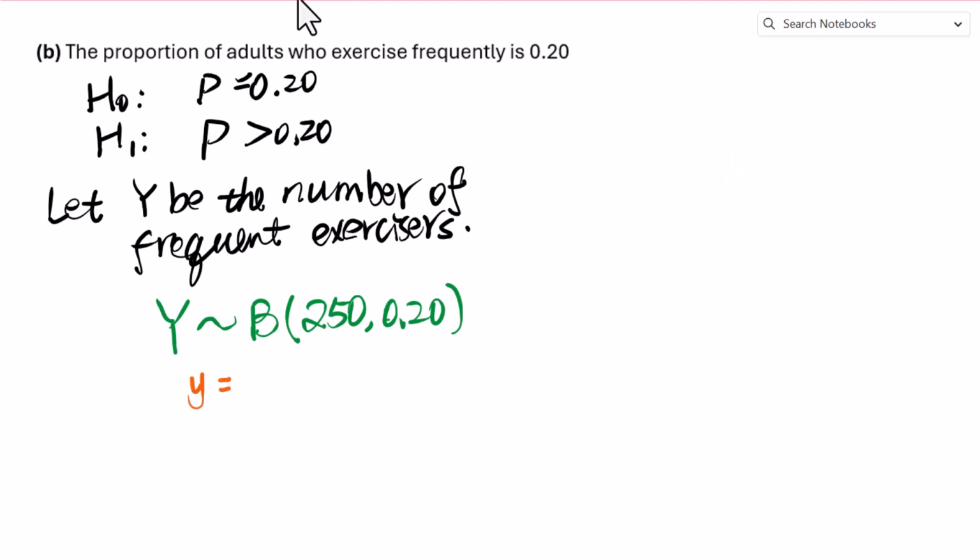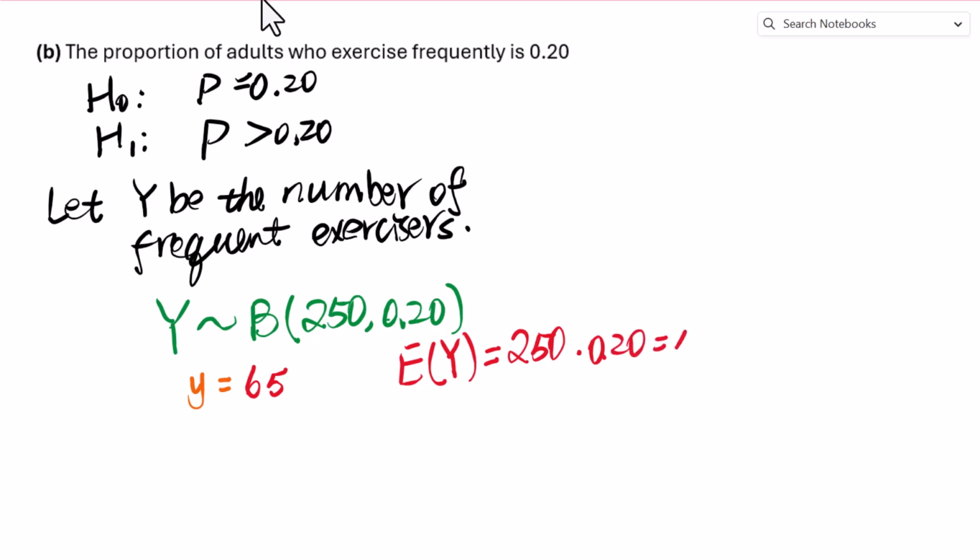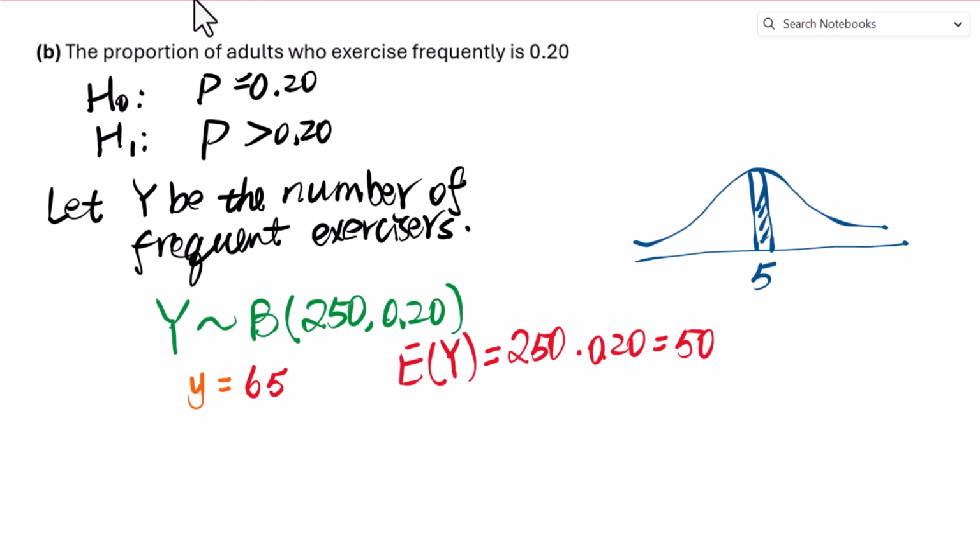We are given Y equals 65. Expected value of Y, 250 times 0.20 equals 50. This is the mean, 50. 65 is here.